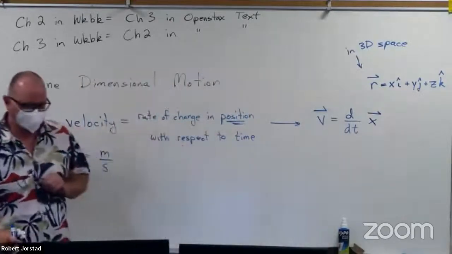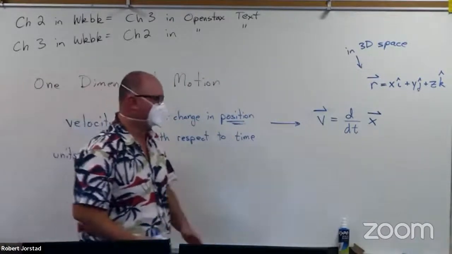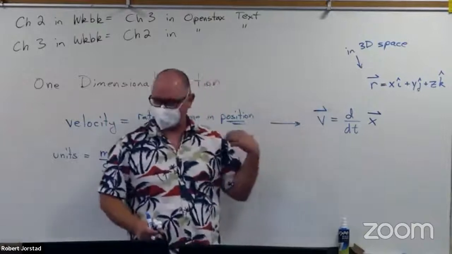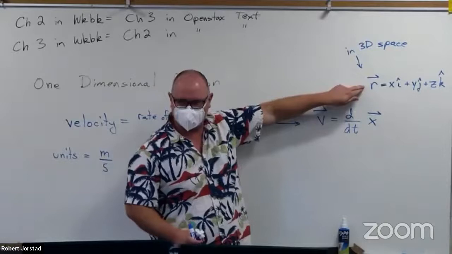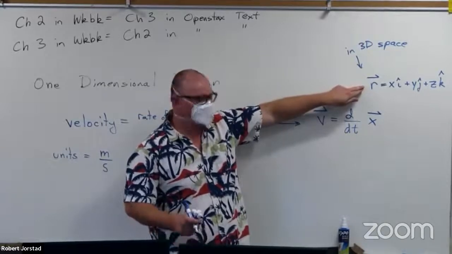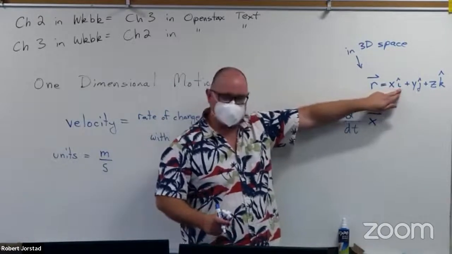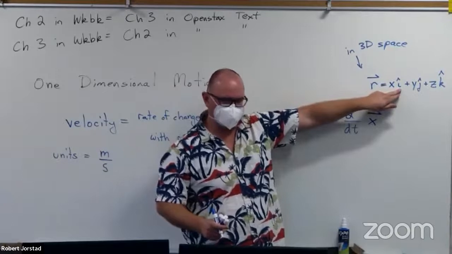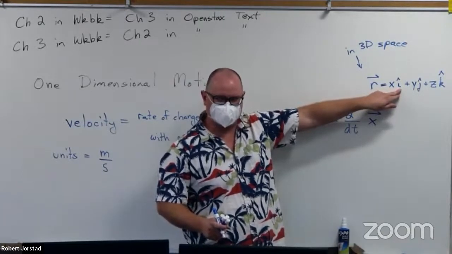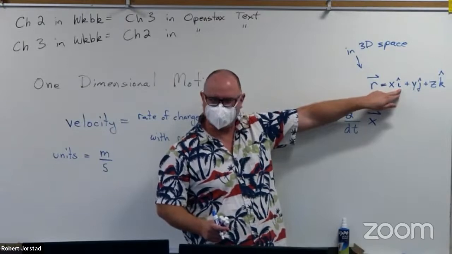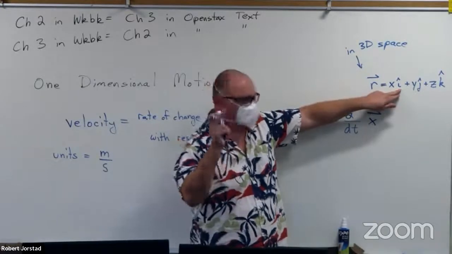Now, wait a minute. I said if one side of the equation is a vector, the other side must also be a vector. Is that true for what I just wrote here? This isn't a vector. Is i hat a vector? What does the hat symbol mean when it's sitting on there? Unit vector.